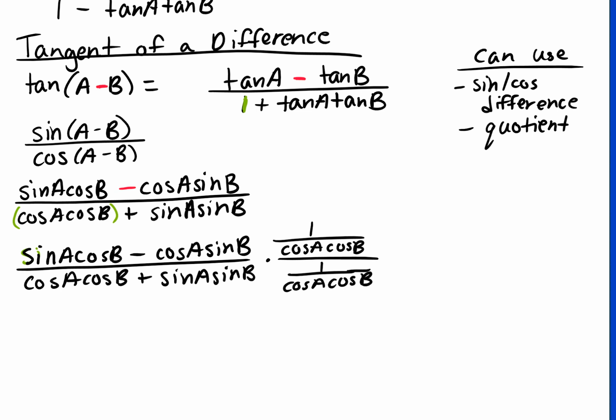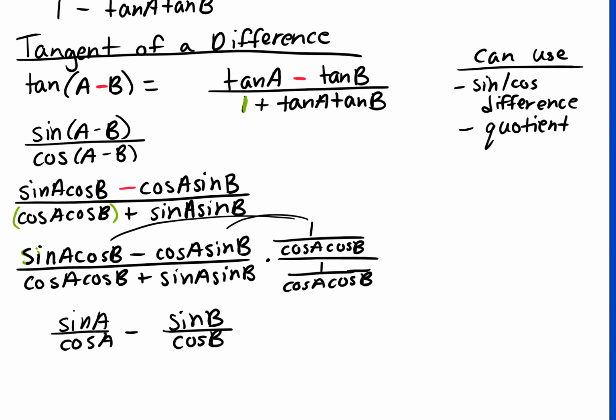I'm just thinking about what would happen if I distribute this into each of these spaces, right? So I will end up with sine A over cosine A, minus sine B over cosine B, because the other cosines will cancel, over 1 plus sine A over cosine A times sine B over cosine B. So I'm eliminating that other step.